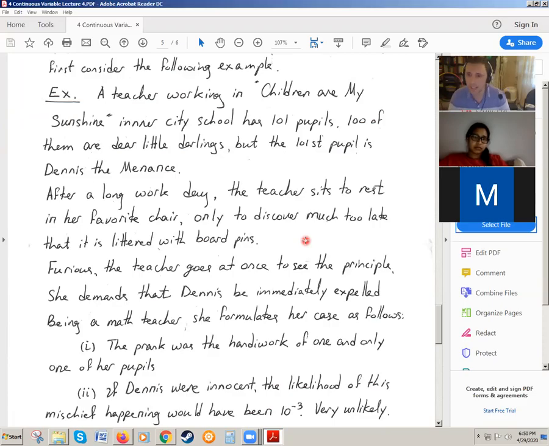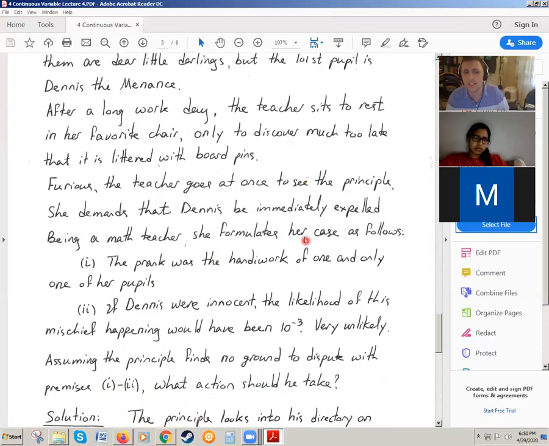She is very upset at this prank. She goes to the principal and demands the immediate expulsion of Dennis the Menace. She's convinced that it's his fault. She is absolutely certain that the prank must have been the handiwork of one of her students. It had to be one of the 101 students in her class.